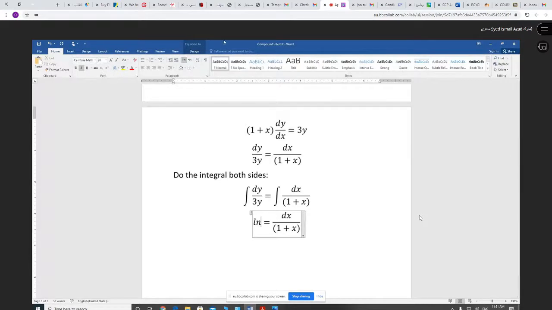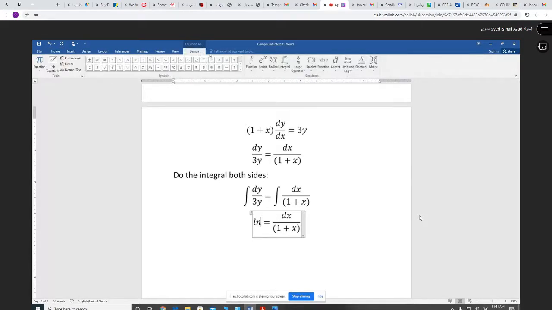ln 3y. Let me see where is the sign of. Let me just write down ln 3y. I don't find the absolute value sign. This will be ln 1 plus x. Actually, these are inside absolute value. I don't see.